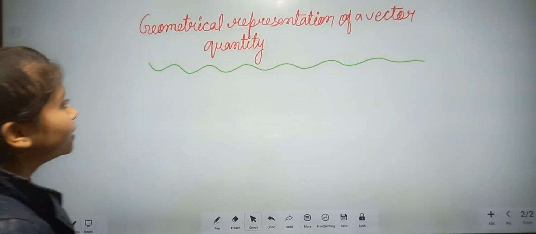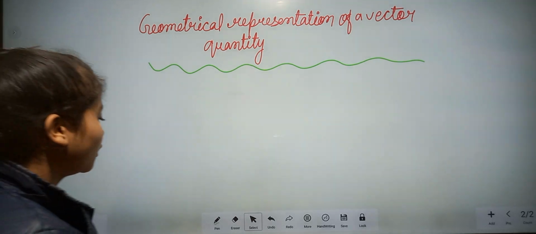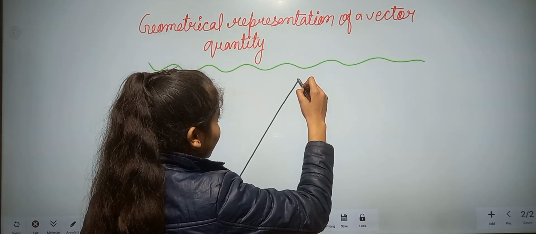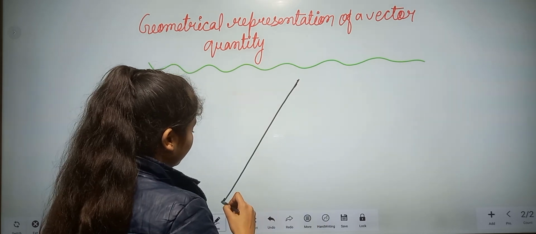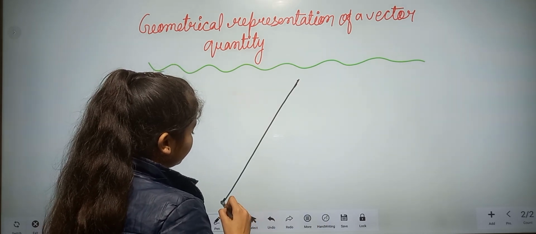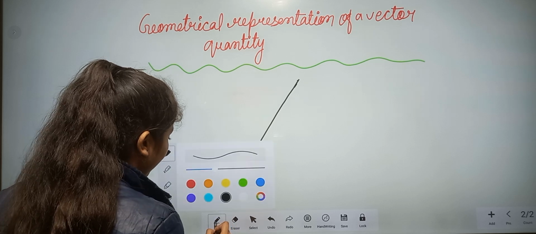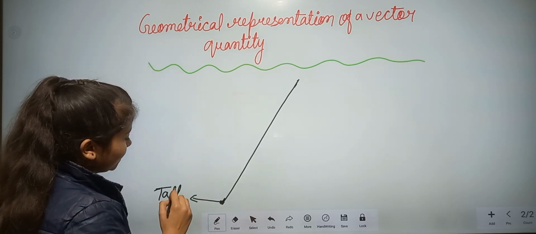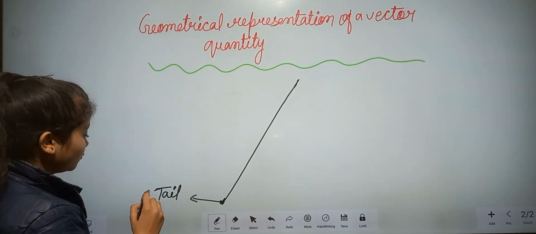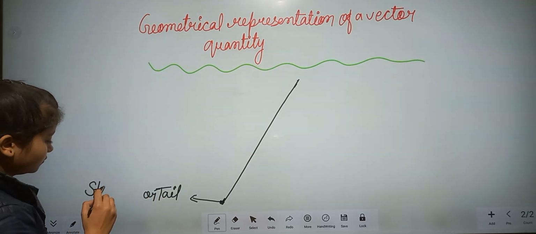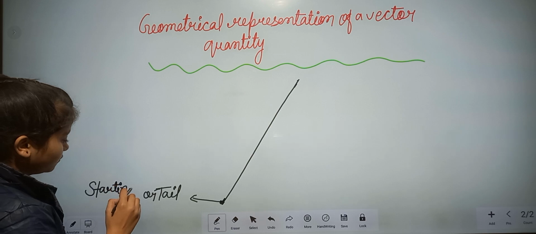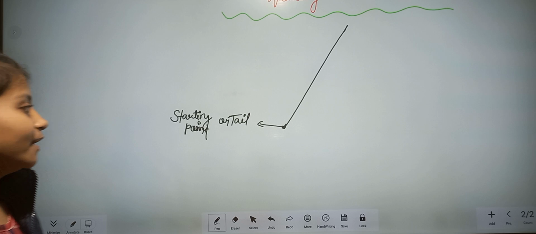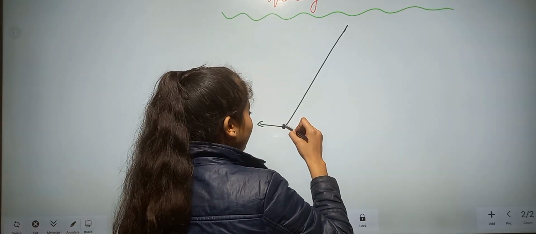For the geometrical representation of a vector quantity, first of all we have to draw a straight line. This point is called the tail, also called the starting point, because from this point we start our line.